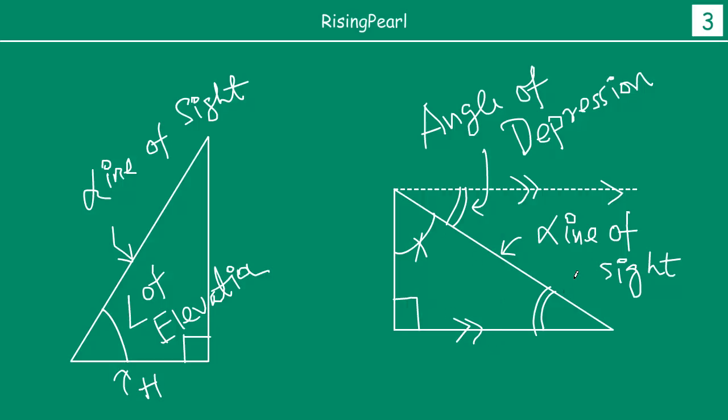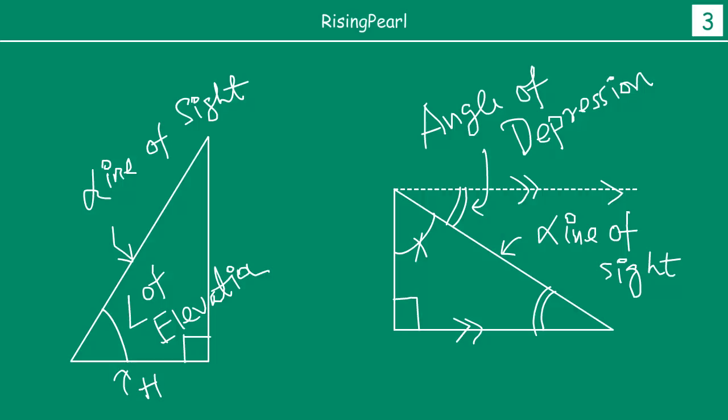So if the angle of elevation or angle of depression is given, and if one of the sides is given, we can really use the trigonometric ratios to find out the other sides. And this is what we are going to see.